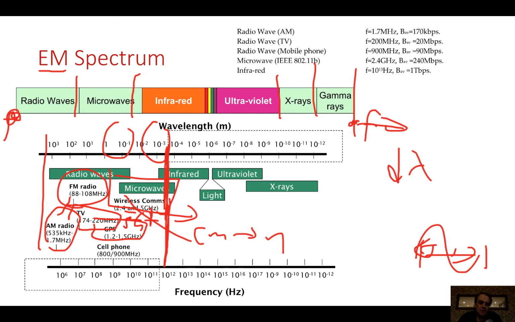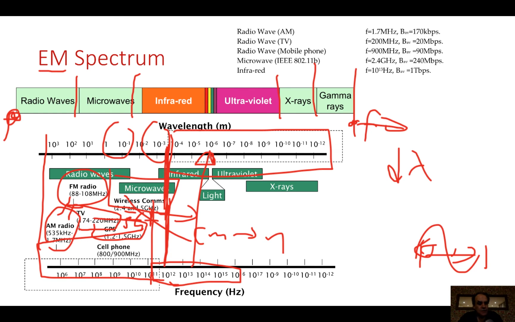Then we move into infrared. The frequencies become very large, very difficult for us to define as values. So in this region we typically refer to waves in terms of their wavelength, whereas in the radio region we typically talk about their frequency. We would hardly ever say that a radio wave has a certain wavelength.